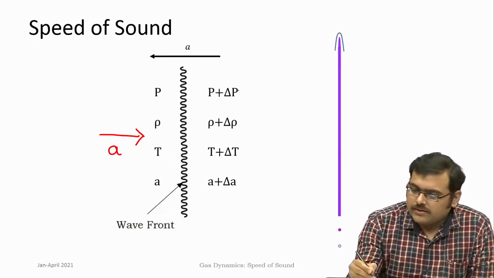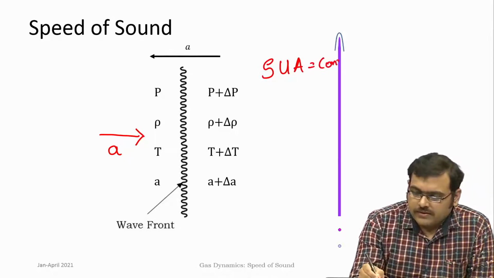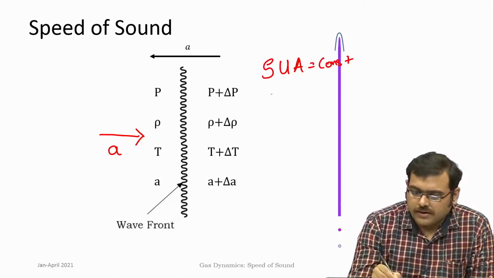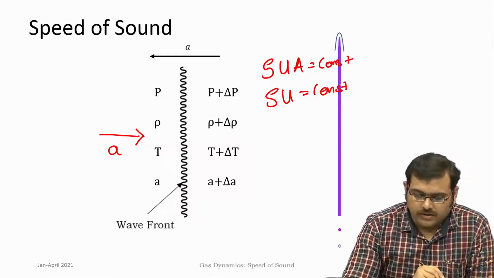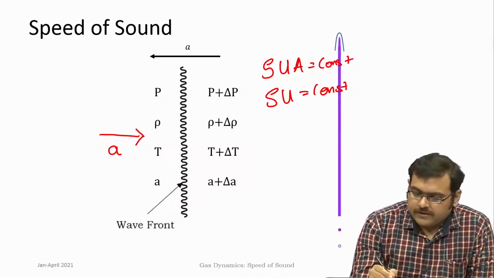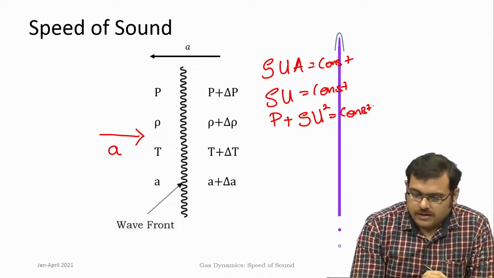This is a section which has area A, in one dimension. So, you consider the one dimensional flow where rho u A is constant. Since A is constant, you get rho u is constant, where u is the uniform velocity. And p plus rho u square is constant, from momentum conservation.